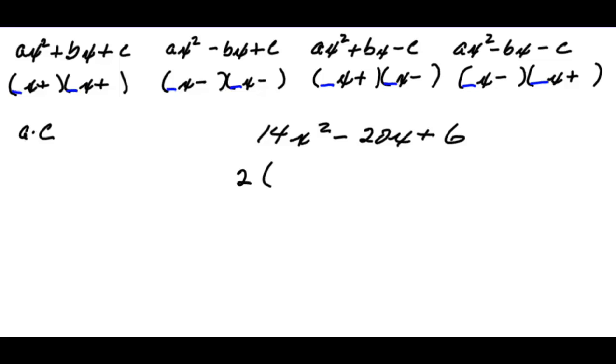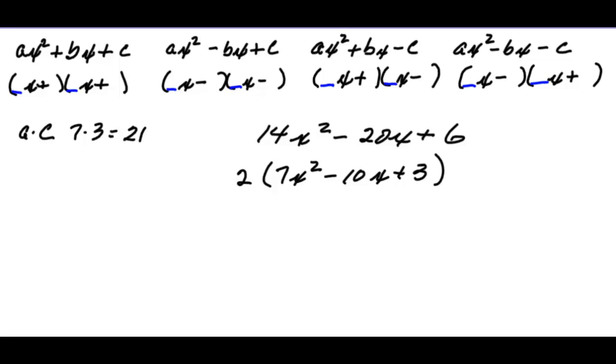If I pull that out, I get 7x squared minus 10x plus 3. All right, using the AC method now, I'm multiplying 7 times 3, and I get 21. Now, that follows pattern number 2. So what two numbers, when multiplied together, give me 21?